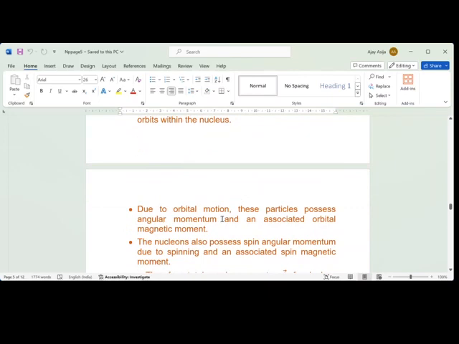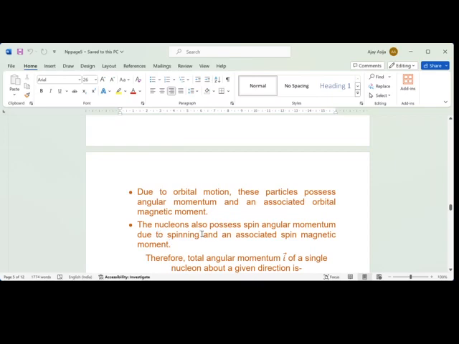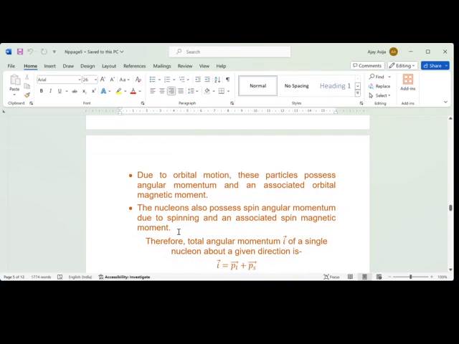Due to orbital motion, these particles possess angular momentum and an associated orbital magnetic moment. These nucleons also possess spin angular momentum due to spinning motion and an associated spin magnetic moment. So there are two types of angular momentum: orbital angular momentum and spin angular momentum.